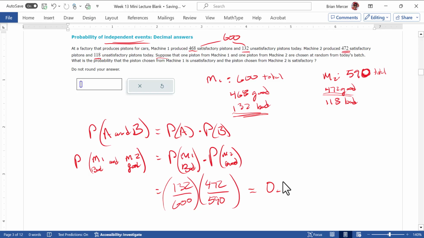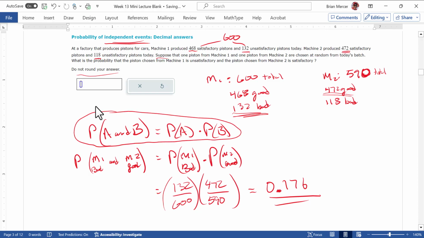And does it tell me? Do not round your answers. The directions there. So 0.176 is what that turns out to be. So again, the key there is probability of two independent events occurring: you multiply those probabilities together.